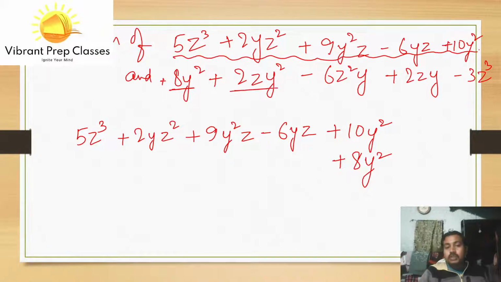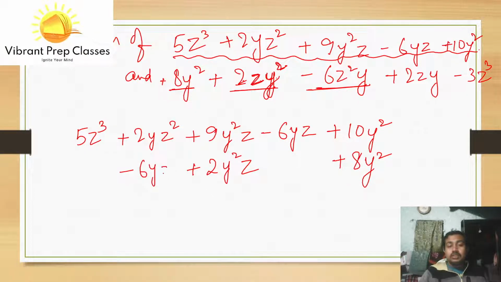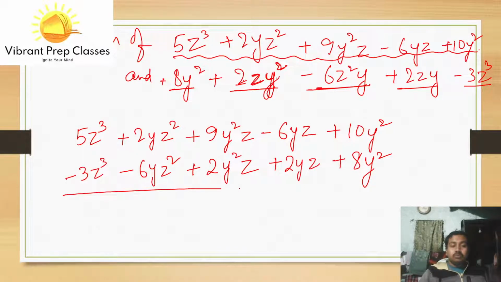Then 2y²z. You see, 2zy² is the same as 2y²z, so it will come under 9y²z. Similarly -6z²y, you don't read it as z²y, you read it as -6yz², so we'll put it under +2yz². Then +2zy, so we'll put it under -6yz over here, and -3z³. So we'll try to add them.